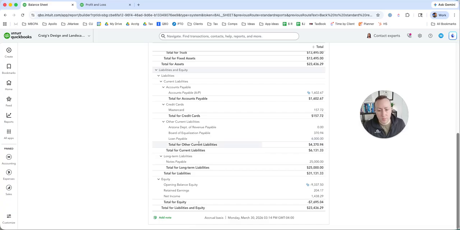But payroll liabilities are always going to be under the current section because no tax agency is going to allow you to hold on to those for more than a year. And then we get into the long-term liabilities. This might be like a long-term business loan, mortgage, something along that line.